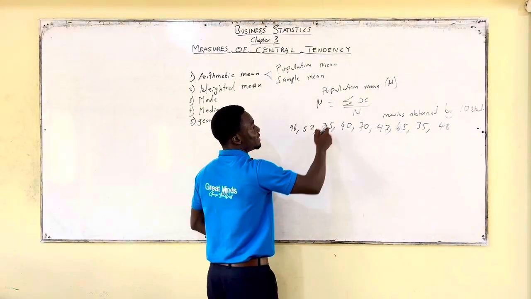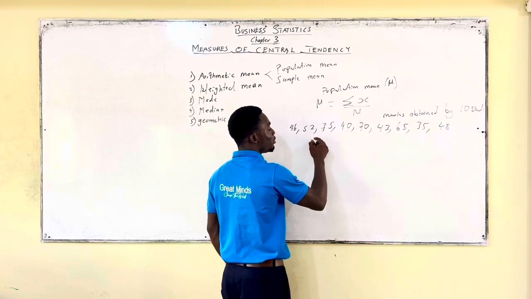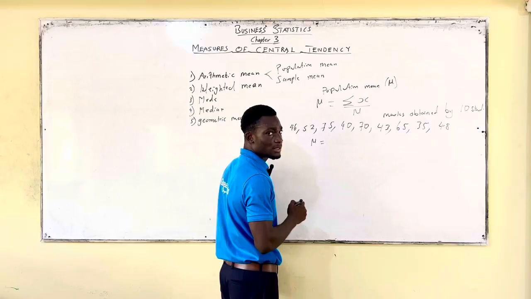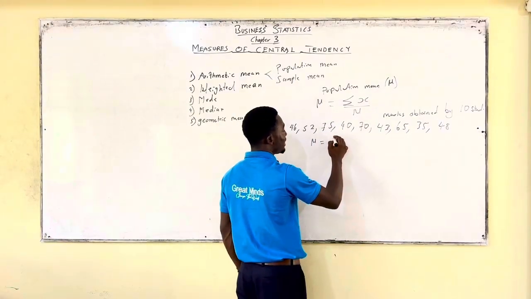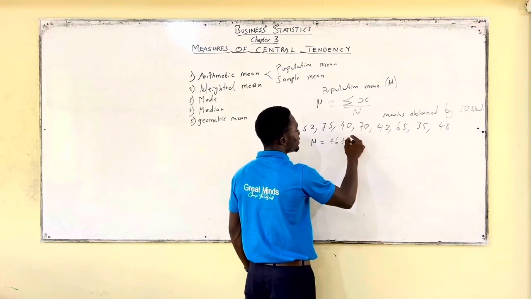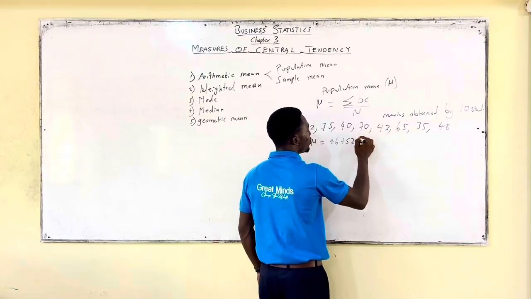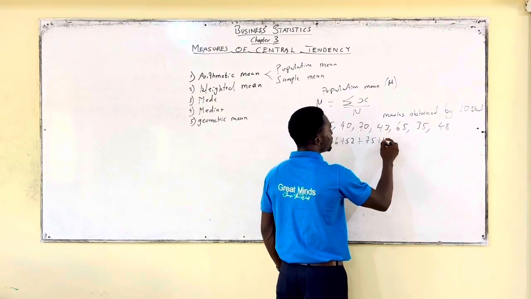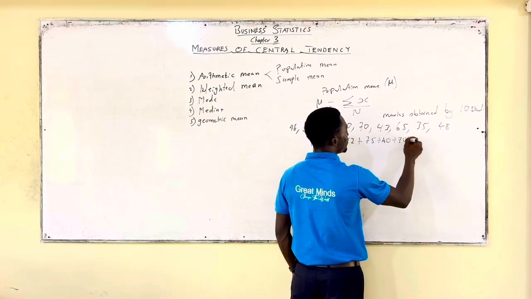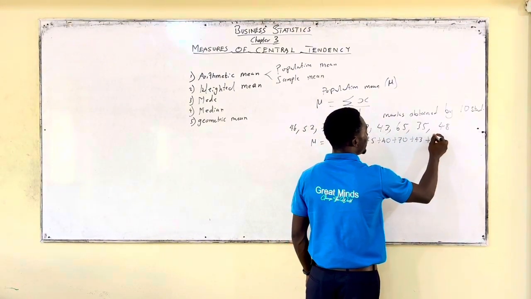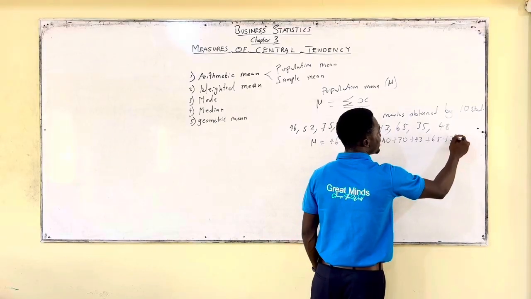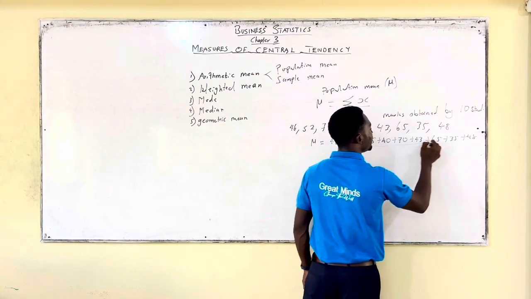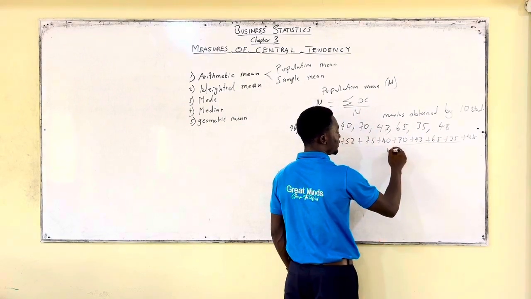So we say that sum of x, the population mean, is equal to 46 plus 52 plus 75 plus 40 plus 70 plus 43 plus 65 plus 35 plus 48, all divided by 10.